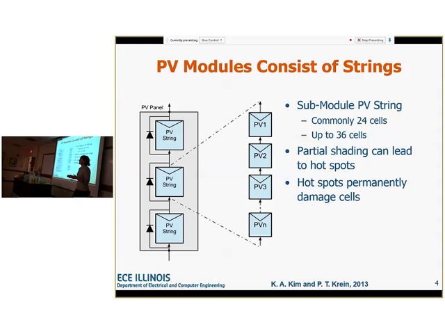And partial shading, which is also something we talk about a lot in the PV world, is one of the main culprits that leads eventually to hot spotting, and also reduces the amount of power you can get out of the cell, which is really the ultimate problem. And once you have a hotspot forming, it will damage the cells.